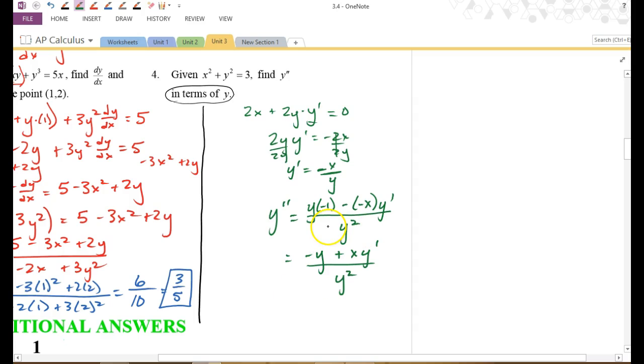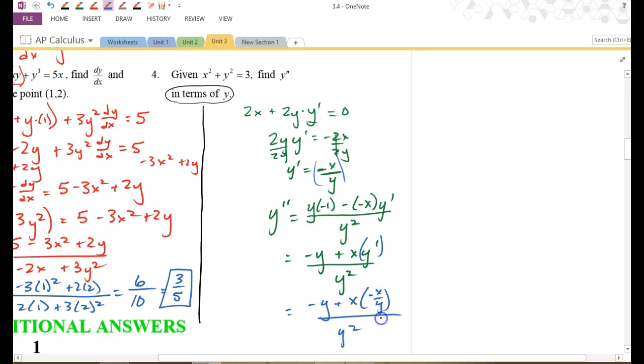Do you see anything previous that we could replace the y derivative with? Okay, so hopefully you're looking at this piece right here and going, oh wait, we did do that. That's this right here. So we're going to plug negative x over y into the y derivative and replace it so that it would be in terms of, well, now we have an x and a y. We're getting closer. Negative x over y squared.